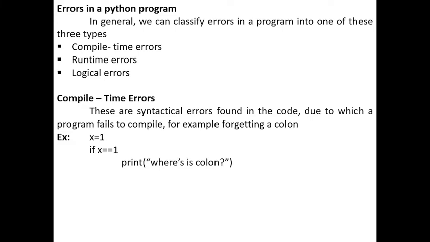Errors in a Python program. In general, we can classify the errors in a program into three different types: compile time error, runtime error, and logical error. Compile time errors are syntactical errors found in the code due to which the program fails to compile.